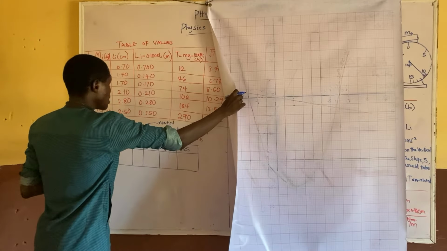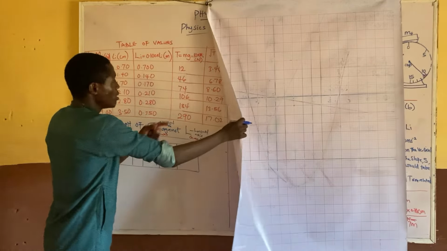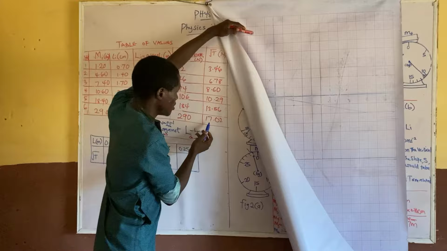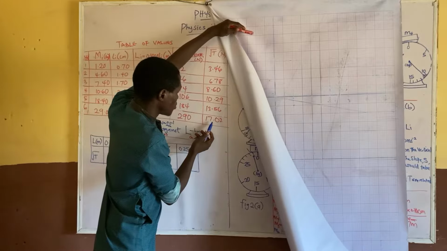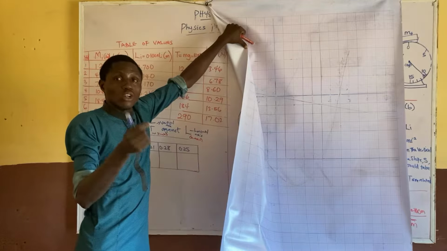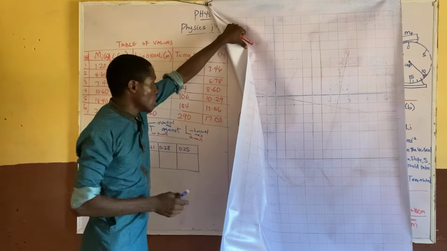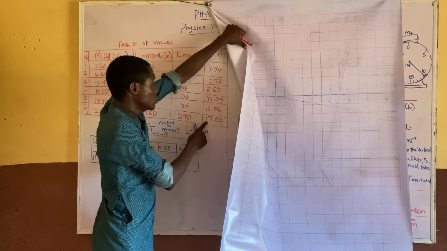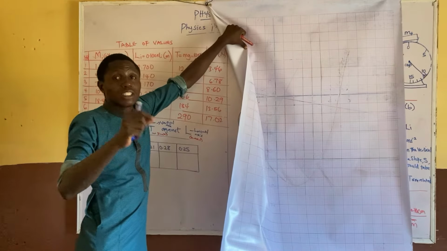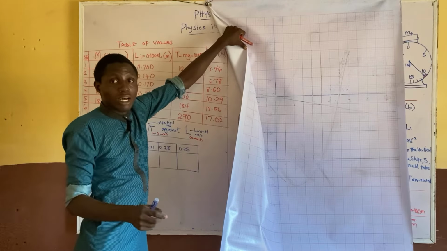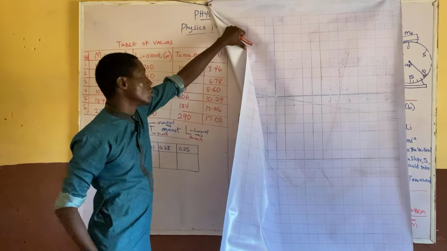Look at this, already in 2 decimal places, but the highest value that we have here is 17.02. We approximate our values to 1 decimal place, because the highest value here is 17.02, and to plot on the graph we need to approximate to 1 decimal place in order to have all of our values on the graph.